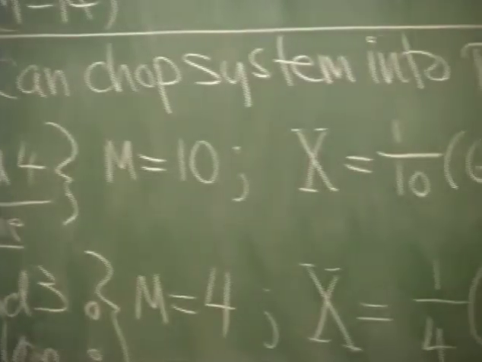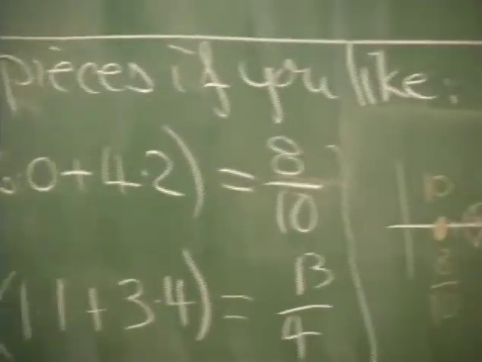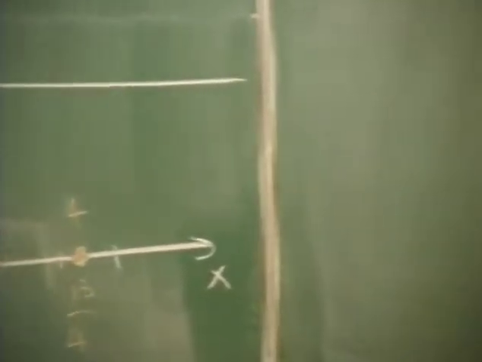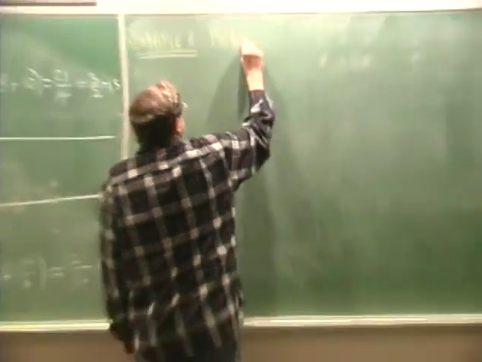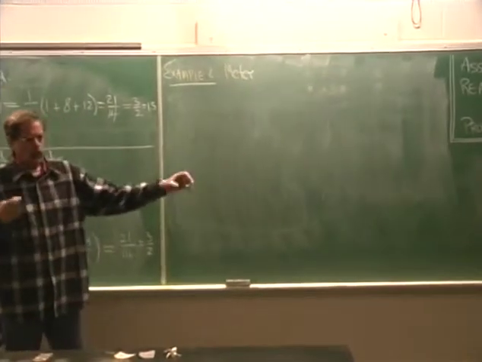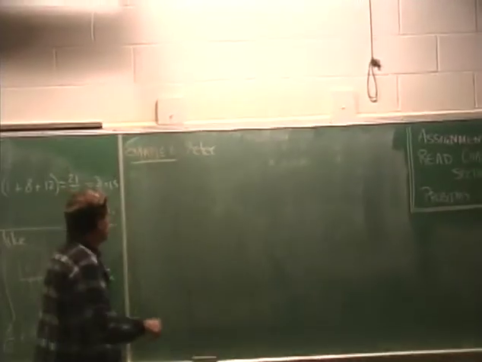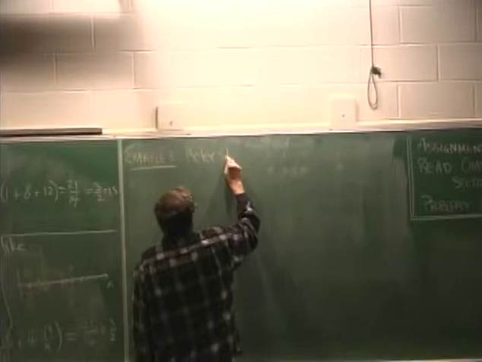So here's an example. I take meter sticks, a couple of meter sticks, and stick them together. Or any old rods. All I want is that I've got several identical uniform rods.